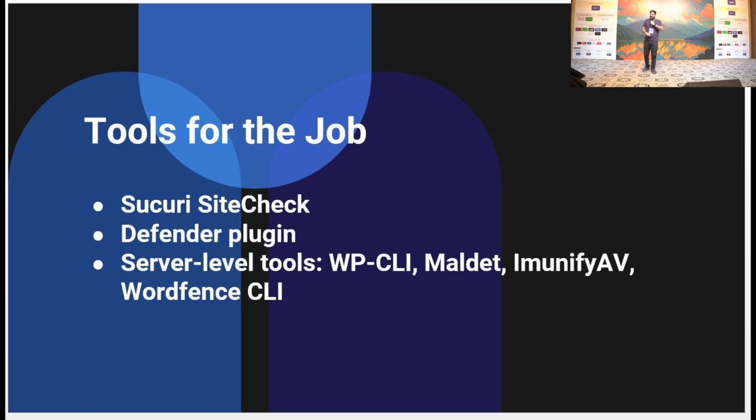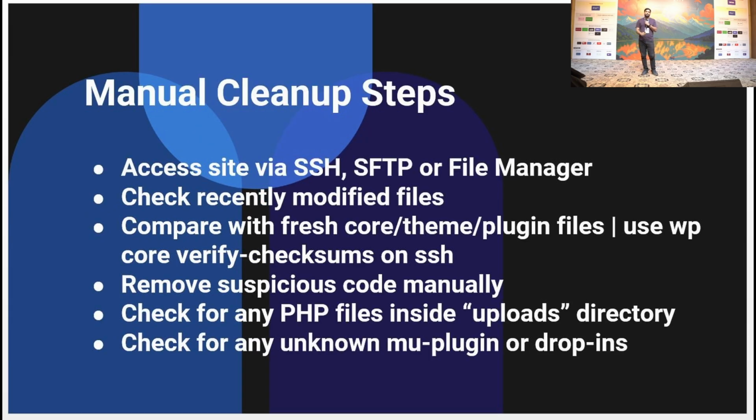The next part is the manual cleanup steps. Like I was saying, what you need to do is access your website files when you want to clean up your site. You can access your files through either SSH or SFTP or file manager. You can use any of those. Then compare or check those files which we just saw.